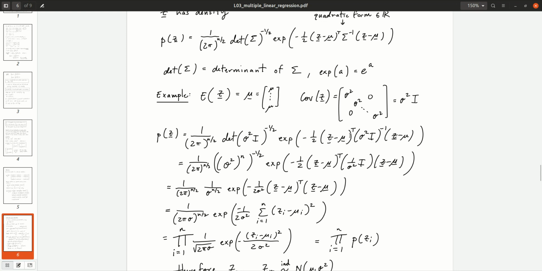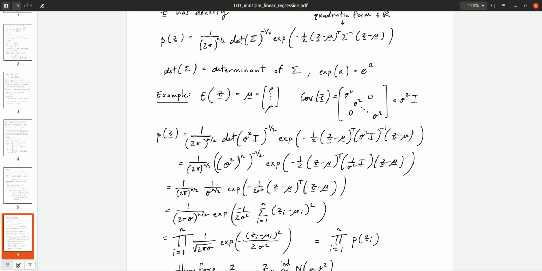The first thing is that the determinant of a scalar times a matrix has a simplified form: it's the scalar to the nth power multiplied by the determinant of the matrix. And I'll just give you the fact that the determinant of the identity matrix is 1. So in general, this is going to be sigma squared to the minus n over 2.